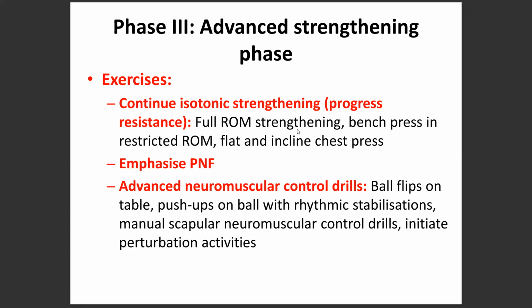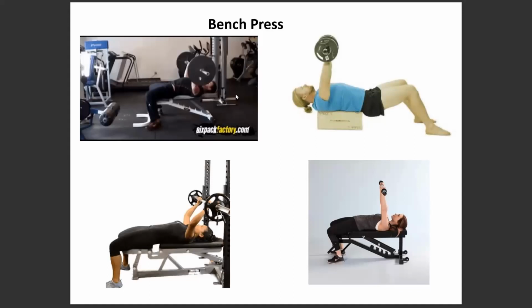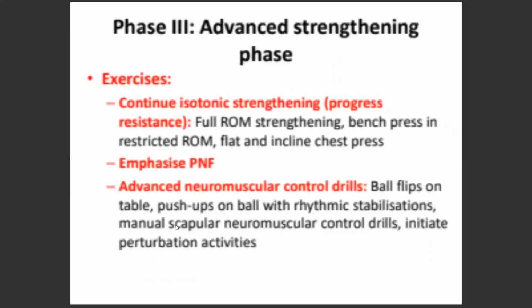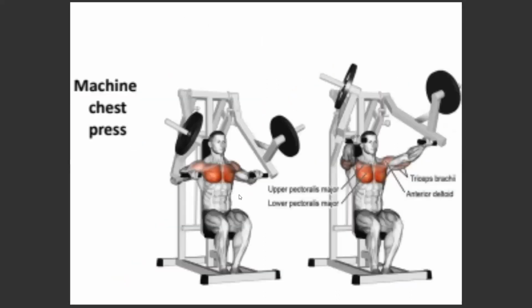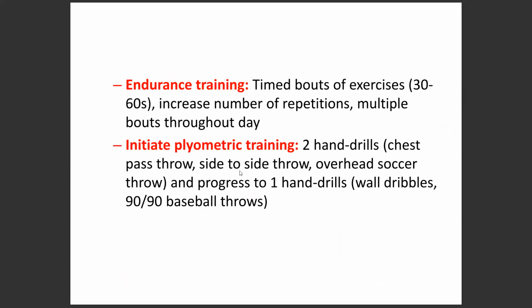So: full range of motion standing, bench press, and restricted range of motion, flat and inclined chest press. These are the bench presses. These are the machine chest press exercises.